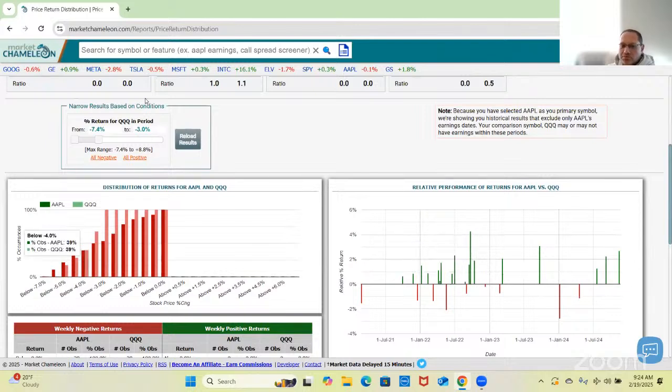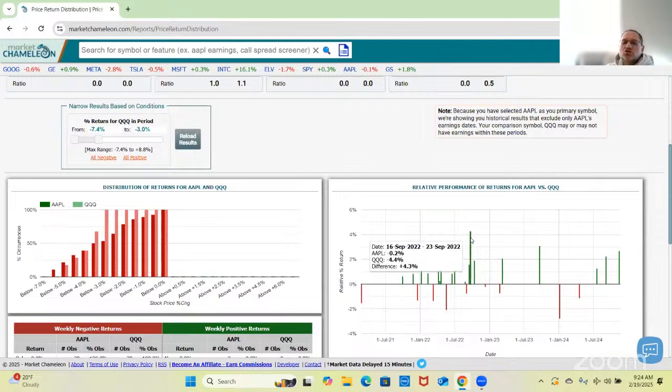The green shows us that even if they were both down for the period, if QQQ was down more than Apple, then Apple outperformed. If Apple was down more than QQQ, then QQQ outperformed. So the down ones showed where Apple appears down 6.6% versus QQQ 5.1%. So obviously Apple underperformed, was down more.